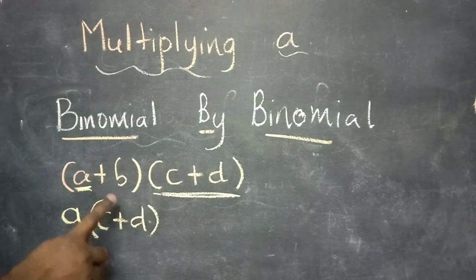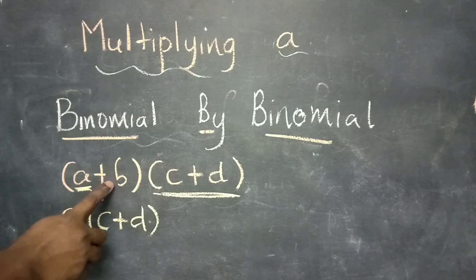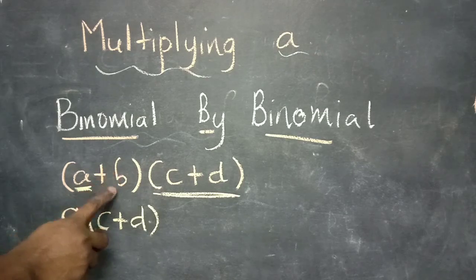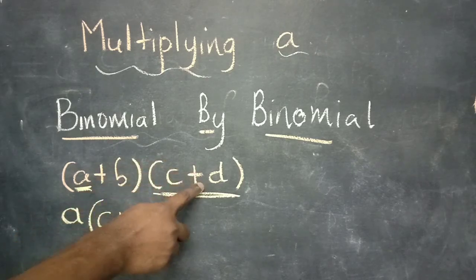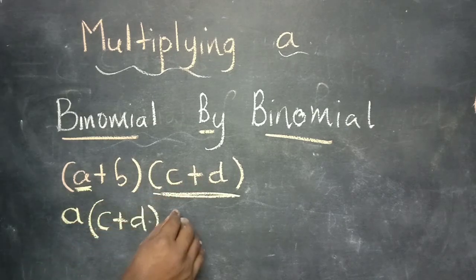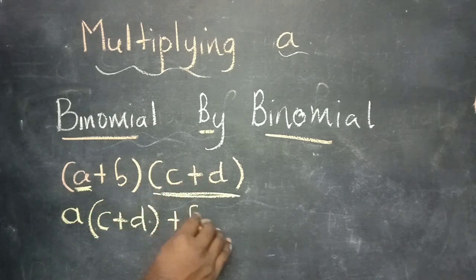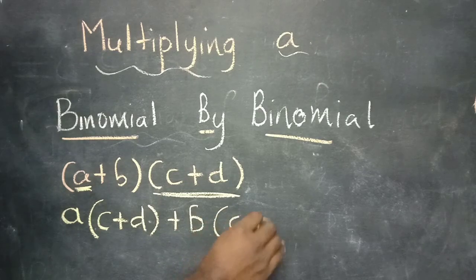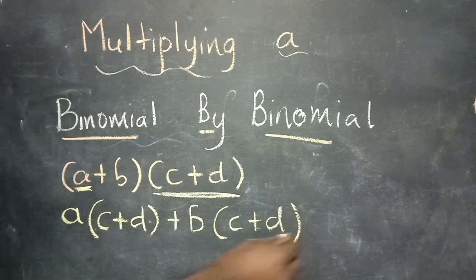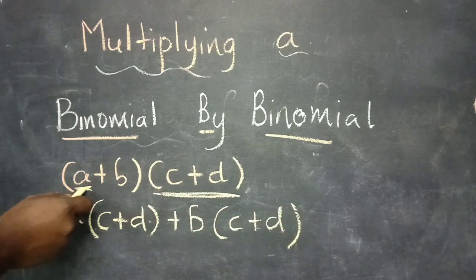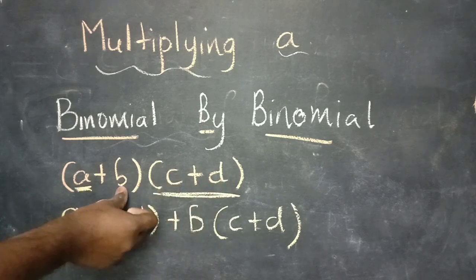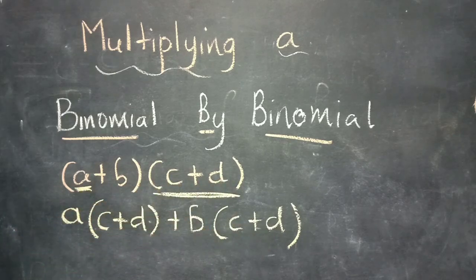In the same way, multiply the second term of the first binomial to the second binomial, that is plus b times c plus d. Now multiply a into c plus d, then b into c plus d.